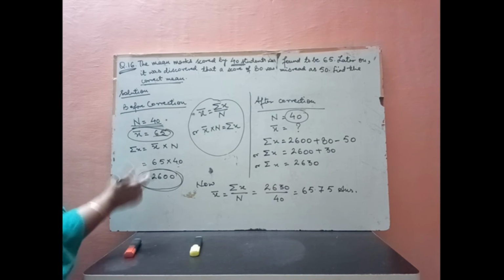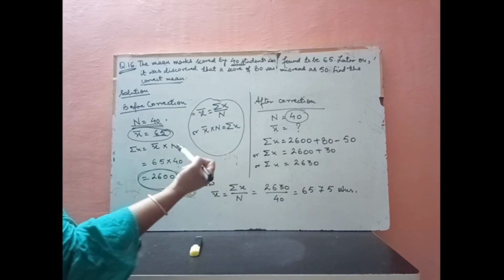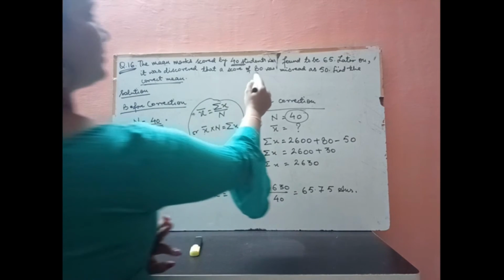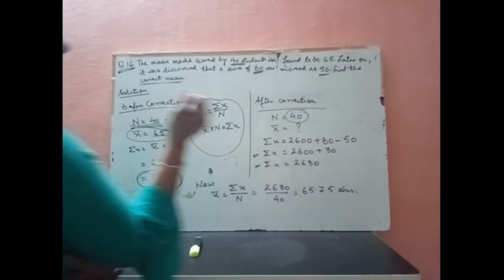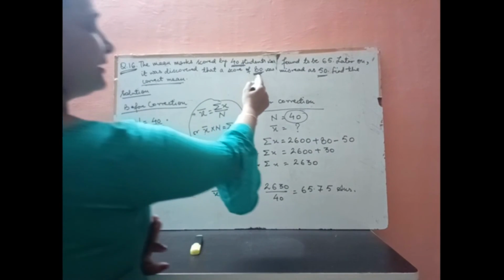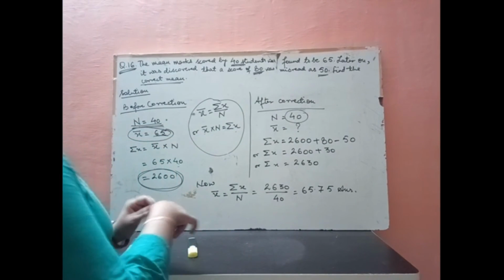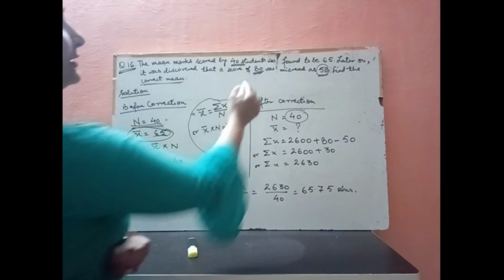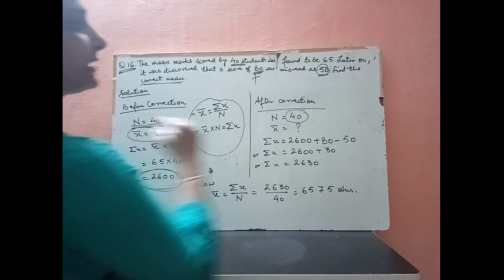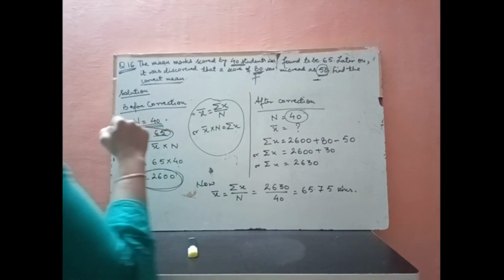Now it was discovered, when we are correcting, that an observation 80 was misread as 50. The actual value is 80 and we have taken 50 in place of that. So we will add the correct value and we will subtract the wrong value.